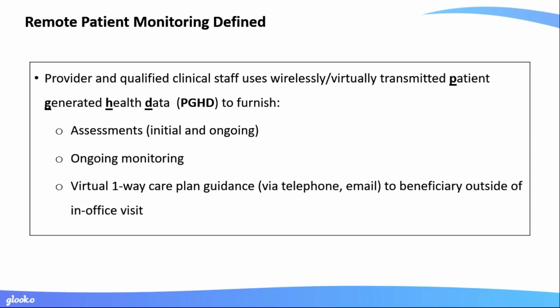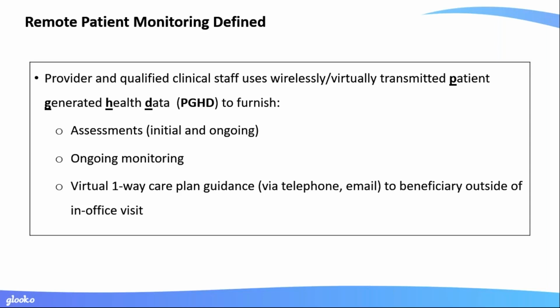We're using that patient-generated health data to do Martha's assessments, her ongoing monitoring of her data, and then Dr. Miller or Mary Ann, the RD, or Barbara, the RN, can then call Martha on the phone or text or email her once we look at her data coming into our platform in our office.